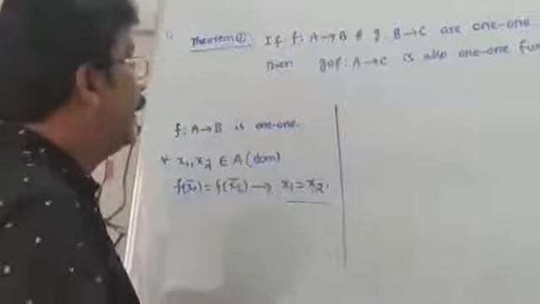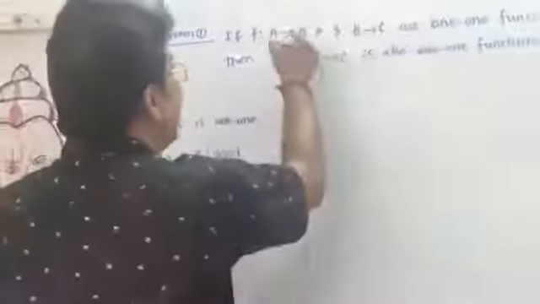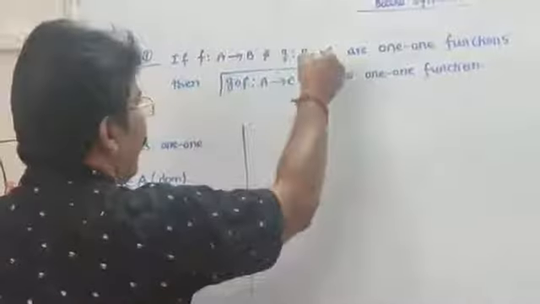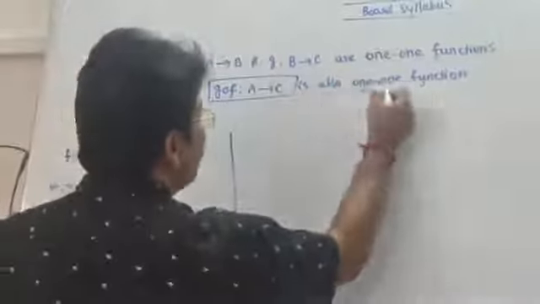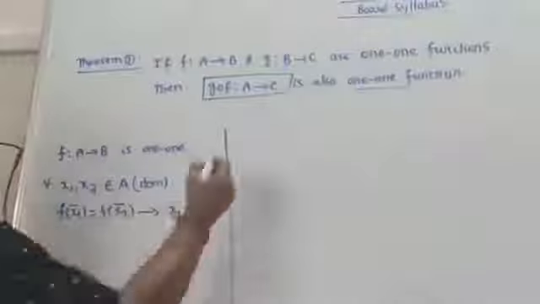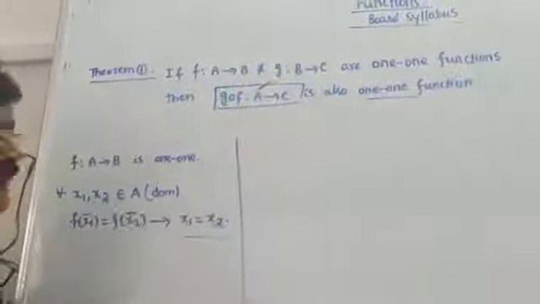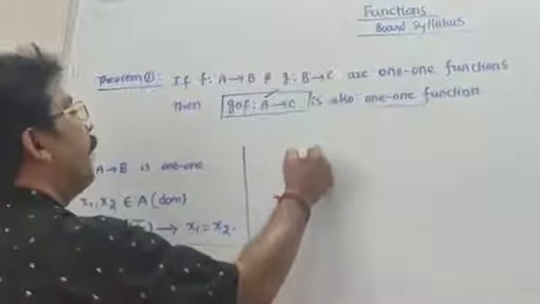Okay. Here G circle f from A to C, we have to show that it is one-one function. That's why in its domain capital A, let, this is the proof.